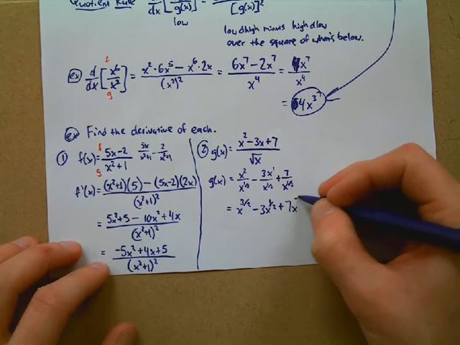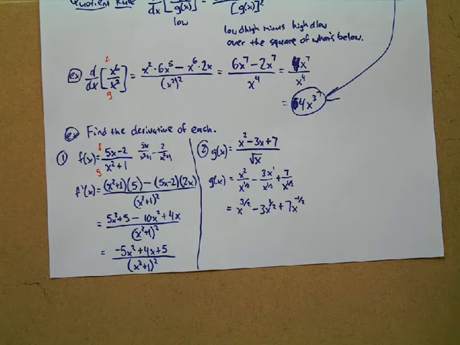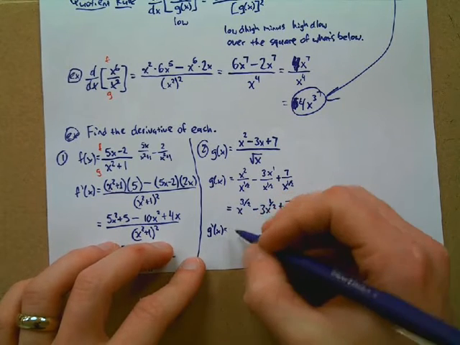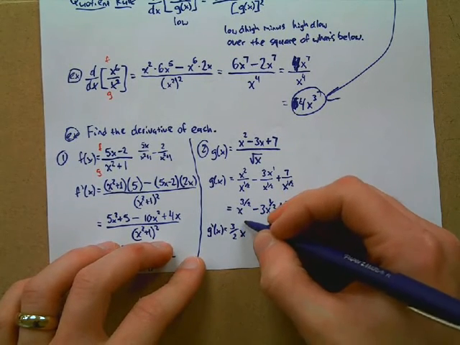And so when it comes to taking the derivative, we're going to end up with 3 halves x to the 1/2 minus 3 halves x to the negative 1/2 minus 7 halves x to the negative 3 halves. Ugh, all those fractions in the exponents.